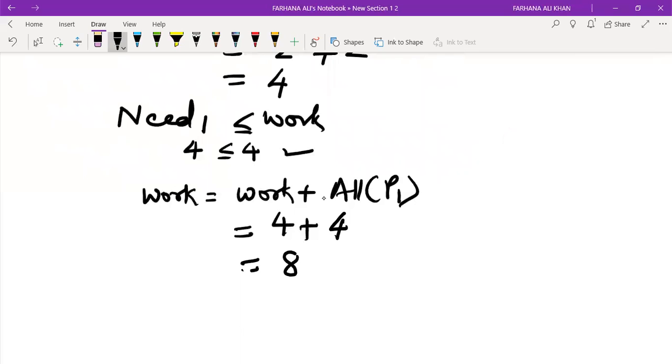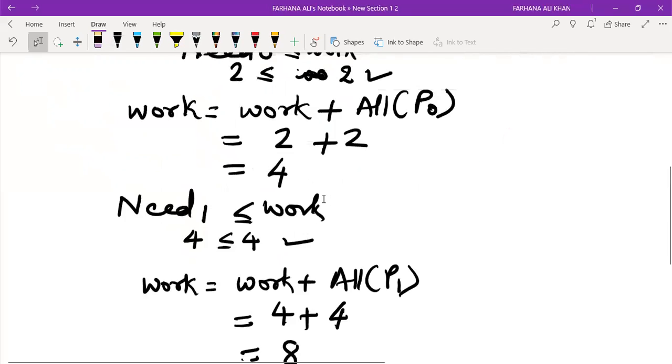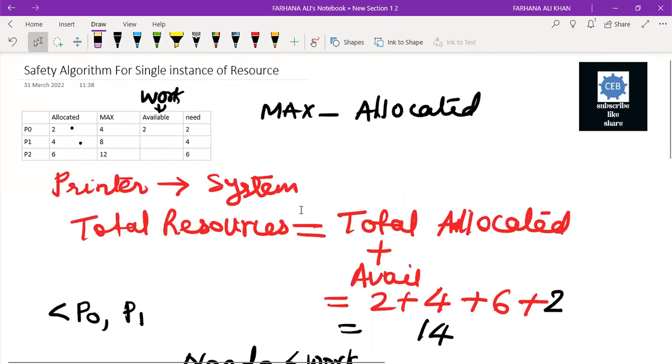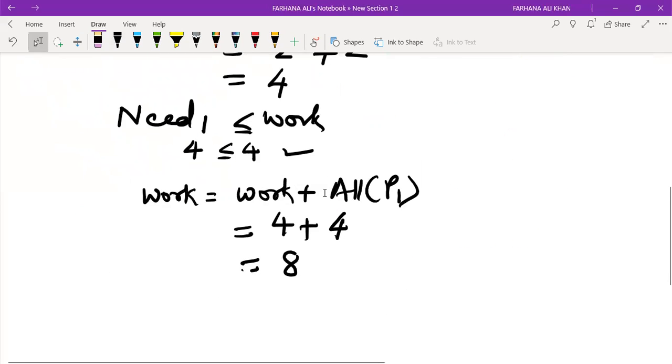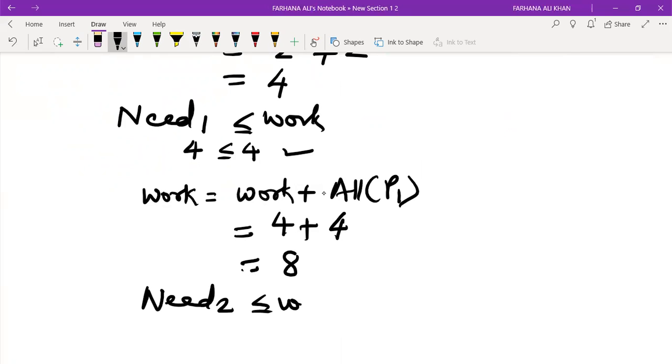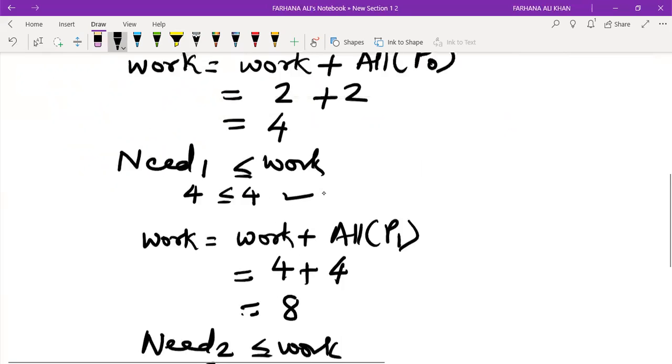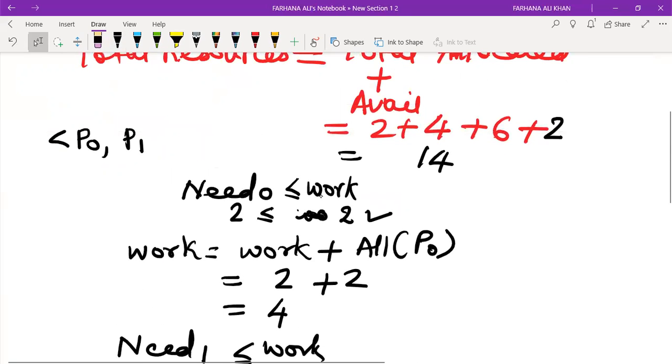That means we have 8 printers in hand. With the 8 printers, P2 is remaining in the queue. Can I satisfy the need of 6 with the 8 available resources? Yes, the need can be satisfied, and we write the formula: need of P2 is 6, which is less than or equal to work. This condition is satisfied, and now P2 is also added to our safe sequence.